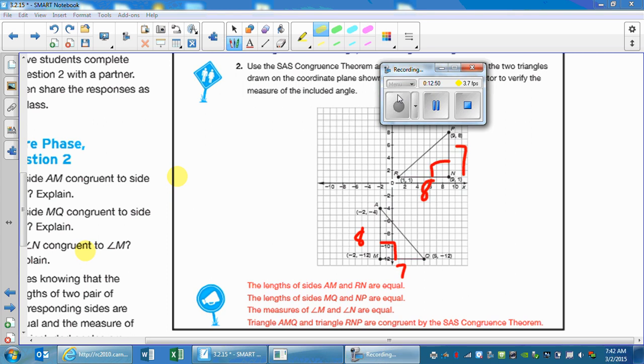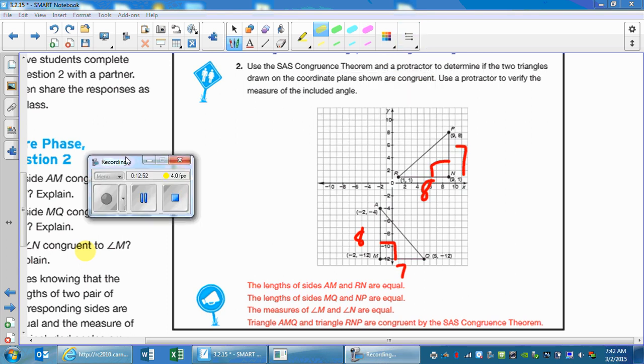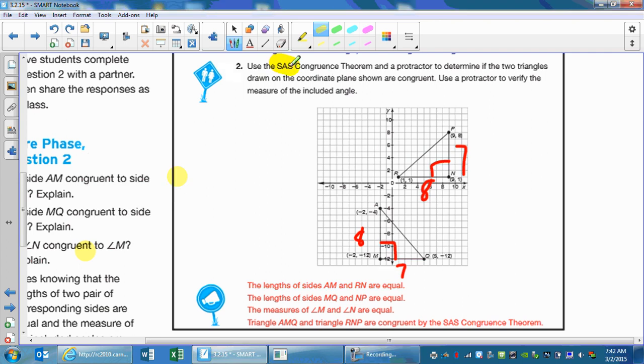So the way that we can use side, angle, side is if we have side, angle, side. So I did a side, 7, and I have a 7. Then I have an angle that's in between the two sides that are touching of 90.